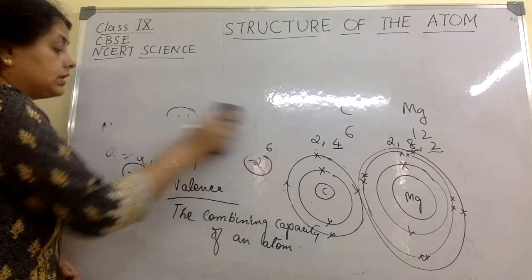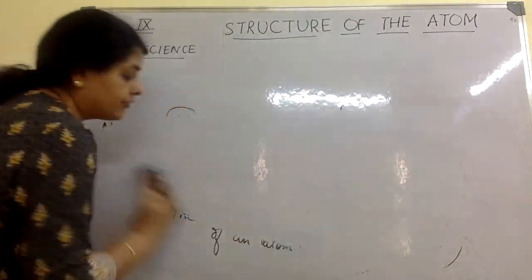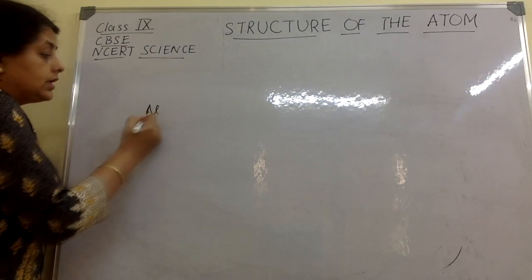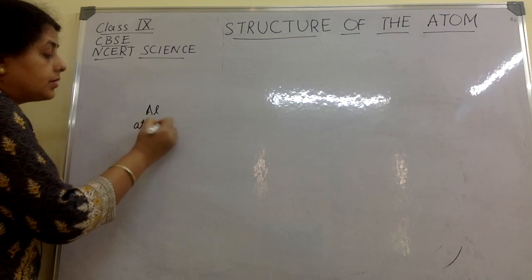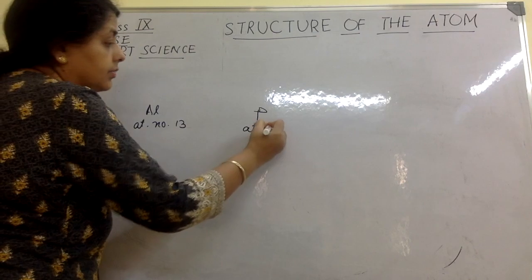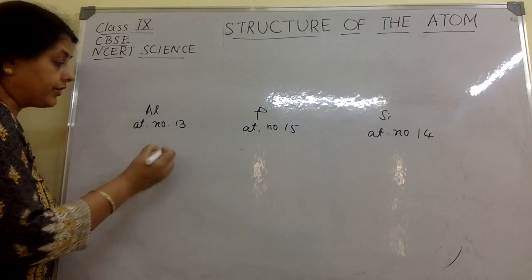Okay, so let us quickly draw the electronic configuration of few more of the elements. Aluminium, atomic number 13. Phosphorus, atomic number 15. So here let's talk about the electronic configuration.